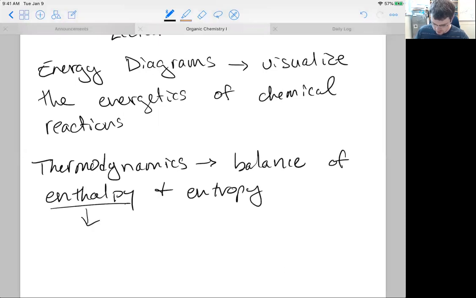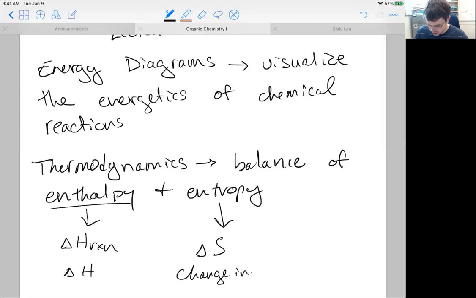Enthalpy is the delta H of reaction, the heat of reaction, if you will. And then entropy is the change in entropy, the delta S of reaction.